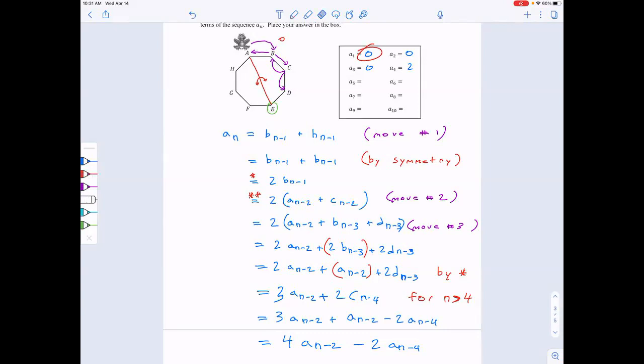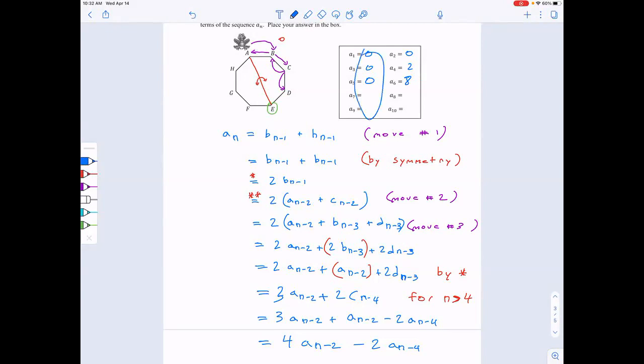So what we end up getting here is 4 times 0 minus 2 times 0, so that's still 0. And then for a sub 6, we would get 4 times 2, so that's 8, and then minus 2 times 0, which is just 0.